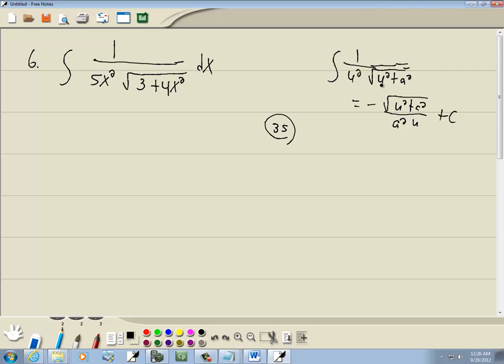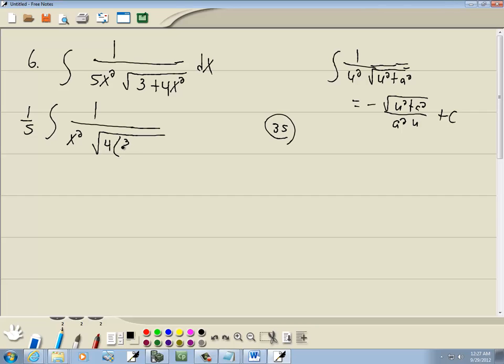Now there's different ways we could do that. You could say u is equal to 2x, but then you have to worry about getting the 2 out here. So one way we could do, the 1/5 I'll go ahead and put out in front, like that, and we'll factor out a 4.